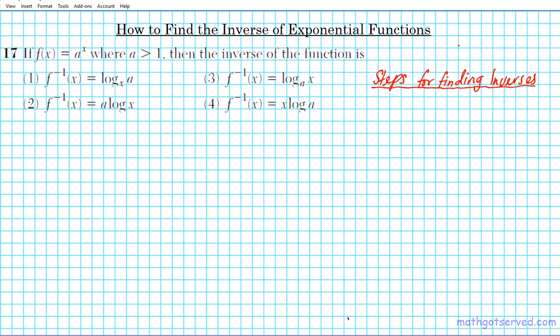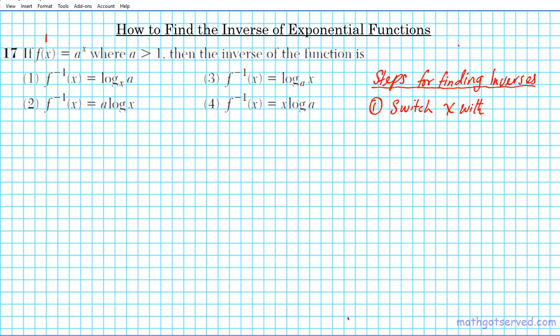So what you want to do first, when it's presented in f of x notation, you're going to do a switch, okay? So remember, the inverse function does the reverse of what the original function does. So to reflect that reversal, we're going to do a switch, okay? We're going to switch x with the inverse of the output.